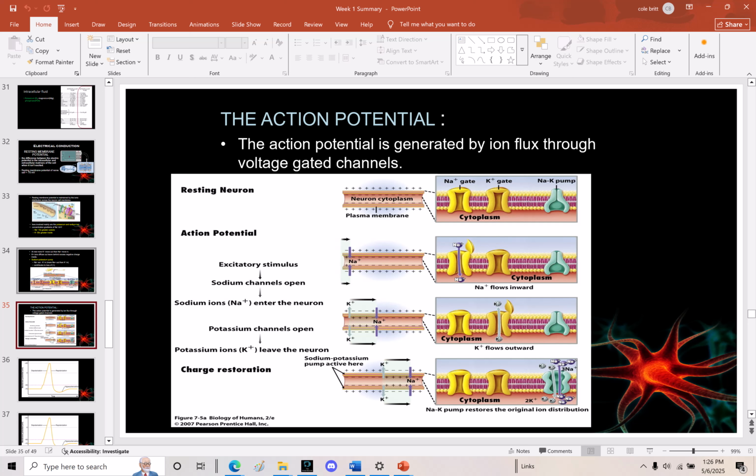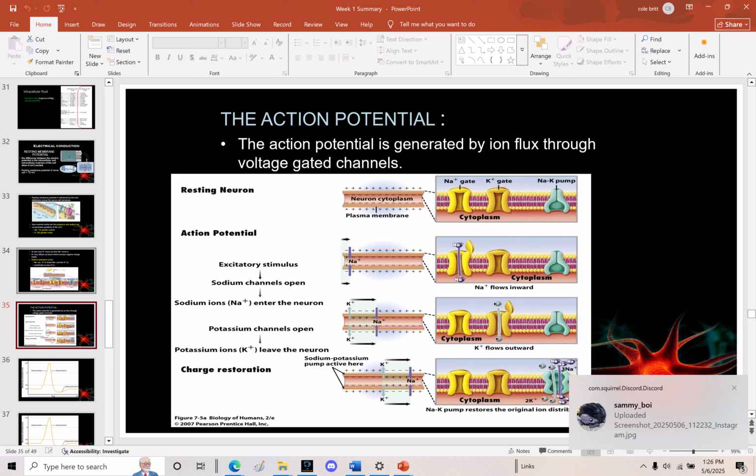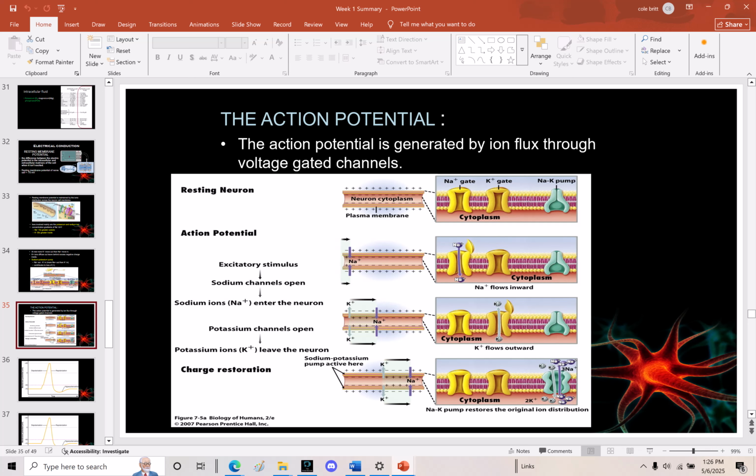But the potential at the area of the dendrite and soma usually isn't big enough to create an action potential. Until it reaches the axon hillock. At the axon hillock, that's where the axon meets the soma.